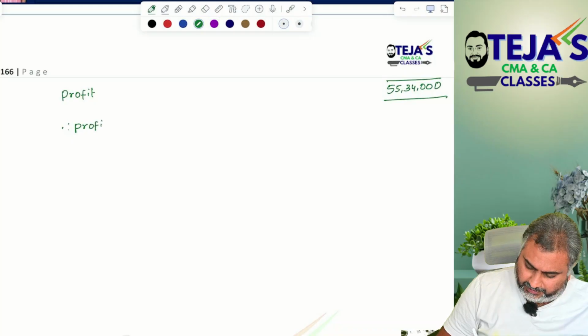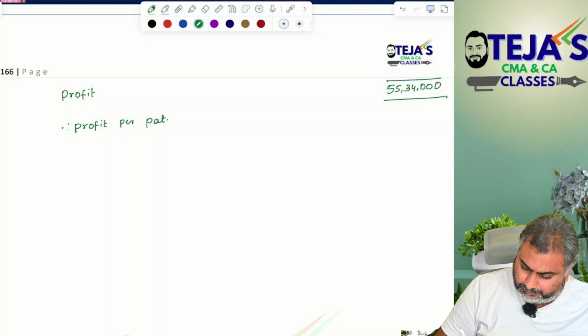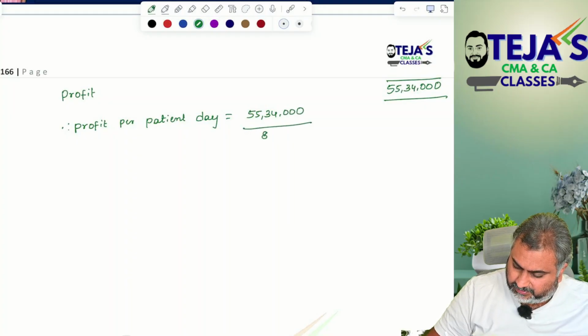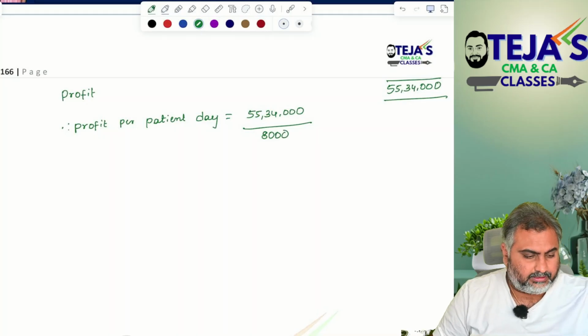But what they are asking is profit per patient day. Therefore, profit per patient day is equal to 55 lakh 34,000 divided by 8,000.